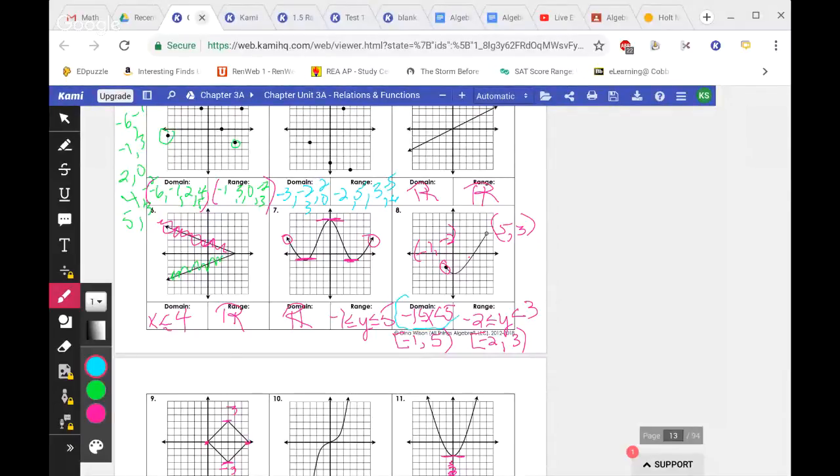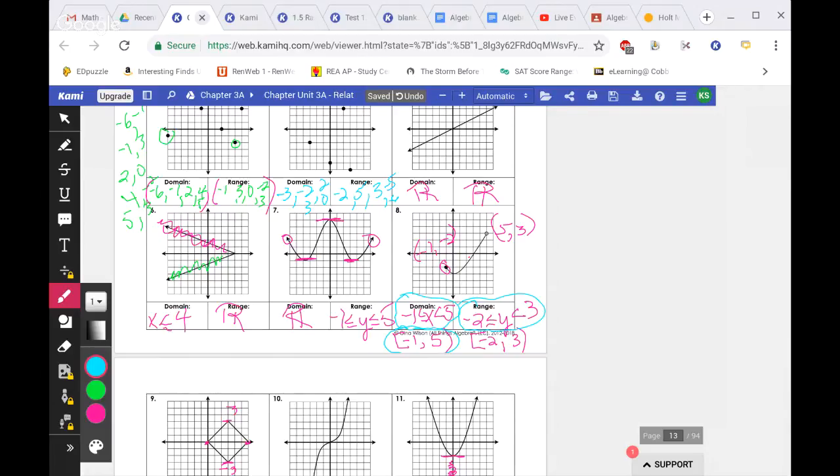This one is -1 is less than or equal to x is less than 5. That's one way to write it. And then the other way is with a hard bracket, -1, comma, 5, and a soft close bracket. You do not have to write it both ways. You may pick whichever one makes the most sense to you. And the same for the range.